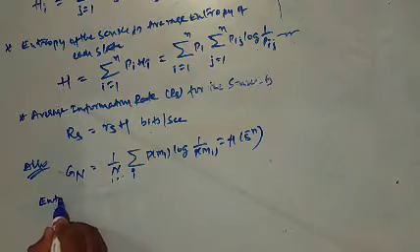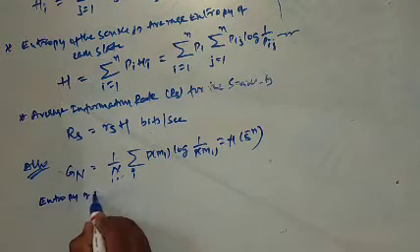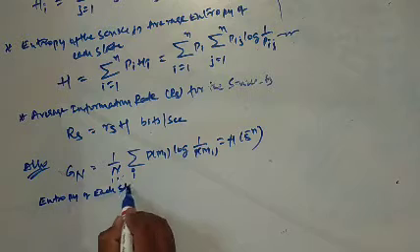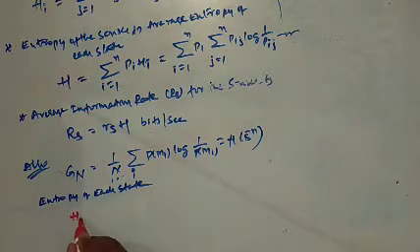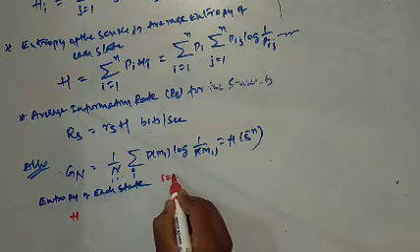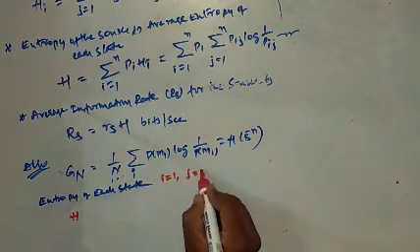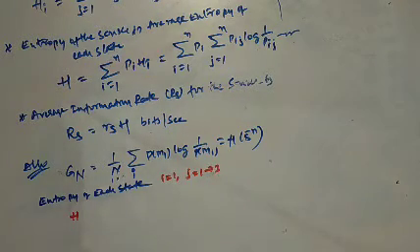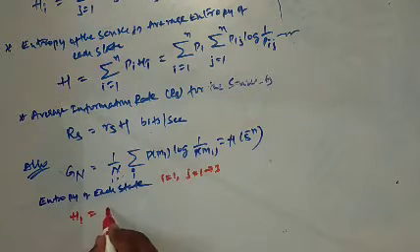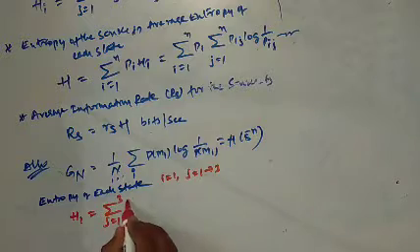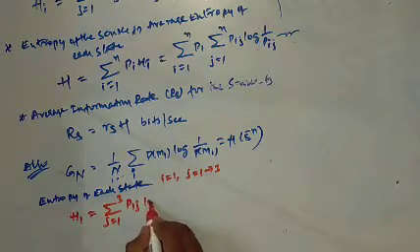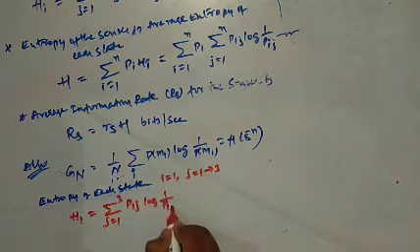Entropy of each state. The formula: I am writing here H, where I consider I is equal to 1, the J is equal to 1 to 3. So H1 is summation J is equal to 1 to 3 of P1J log 1 upon P1J.